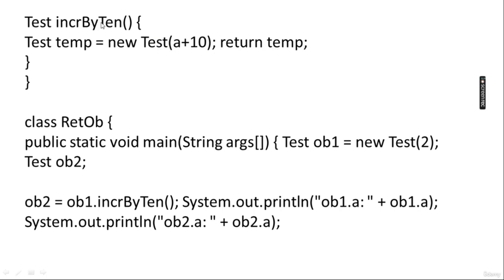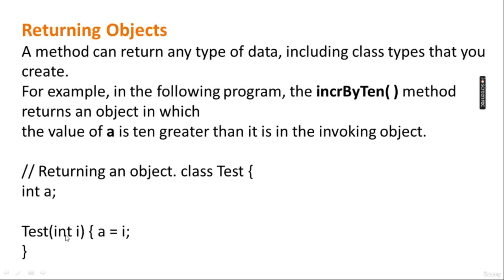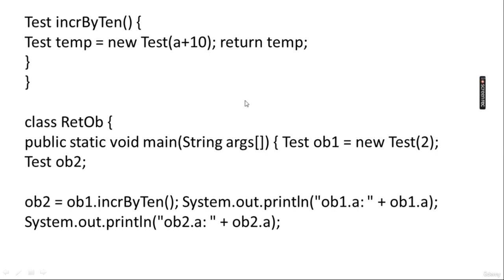So this method is returning an object of class Test. How is it possible? We are creating one object and passing the parameter a plus 10. Whatever the value of a is, I will increment by 10 and return this object.